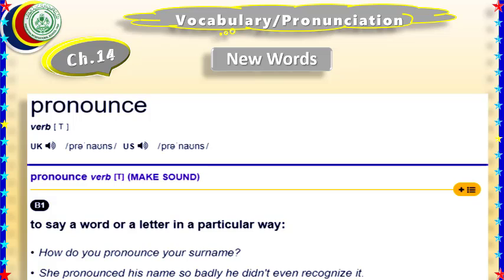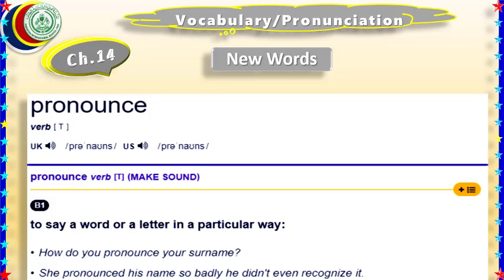Pronounce. This is a verb and it means to say a word or letter in a particular way. Okay, here it is important also. This word is pronounce. And when we change it into a noun, it becomes pronunciation.